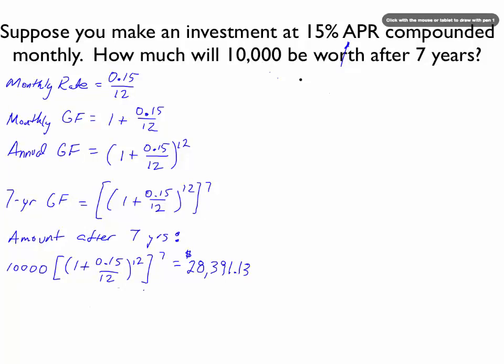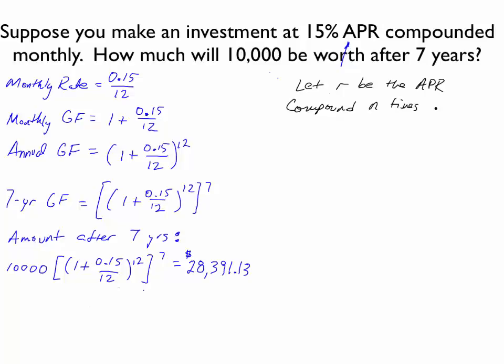So now R is the APR, that's the decimal version. And we're going to compound n times per year. So we're going to go through this process again, but generically, if R was the APR, and we're going to compound n times per year.